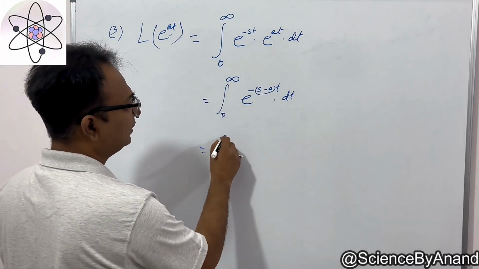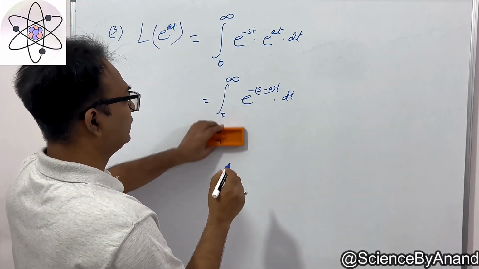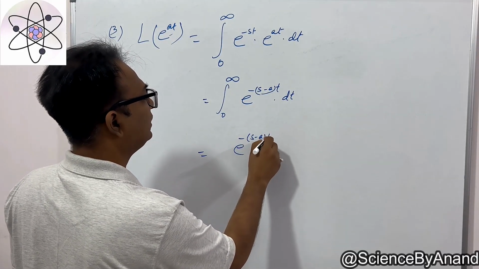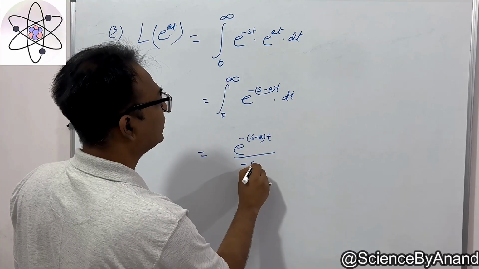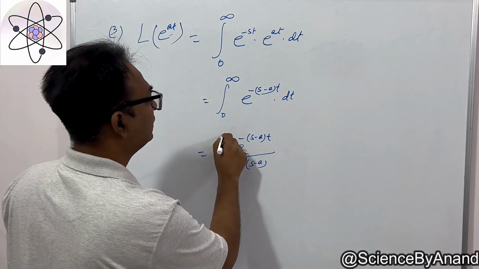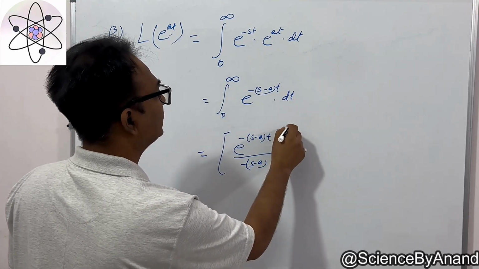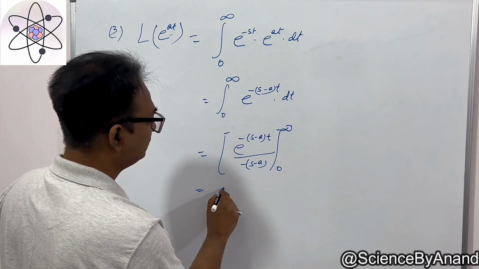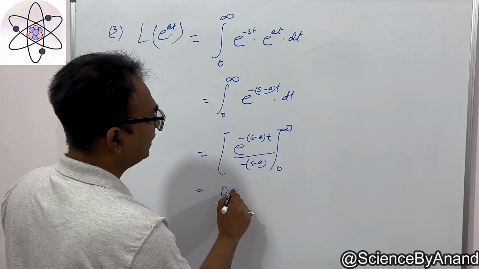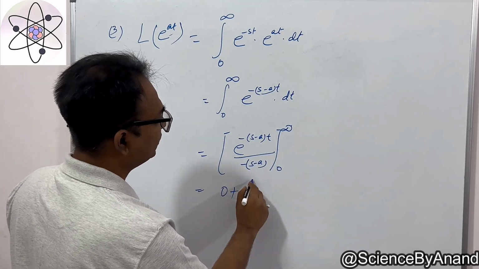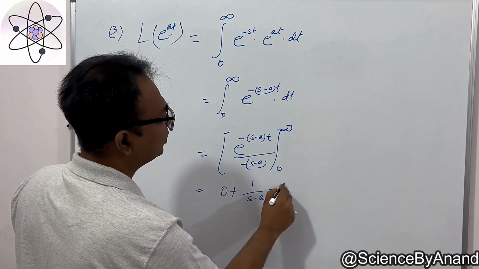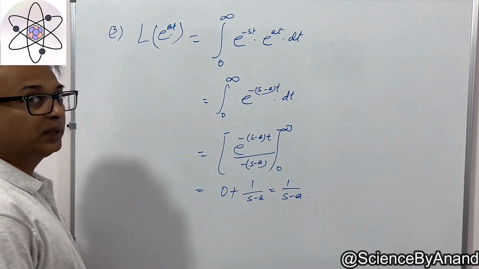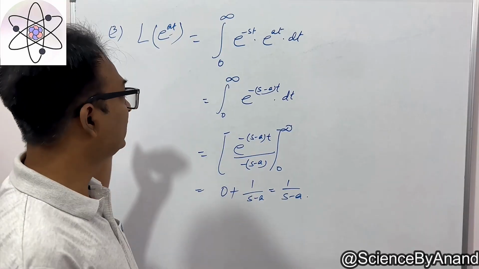What is it? This is e to the power minus s minus a t by minus s minus a, 0 to infinity. So the first term at infinity will be 0. Second term, minus minus plus, this will be 1. So this is 1 by s minus a. So Laplace transform of e to the power at is 1 by s minus a.